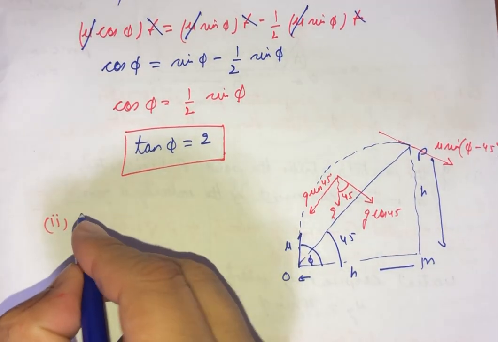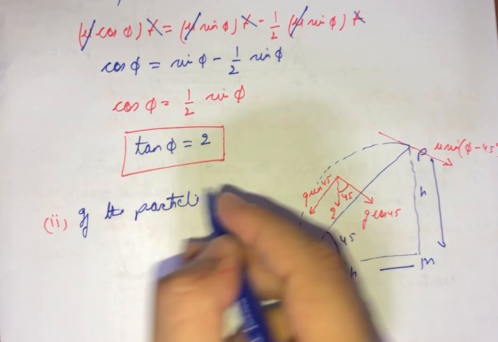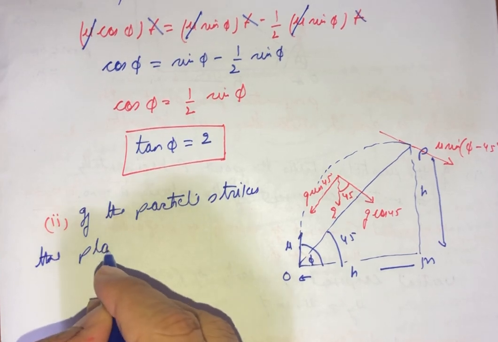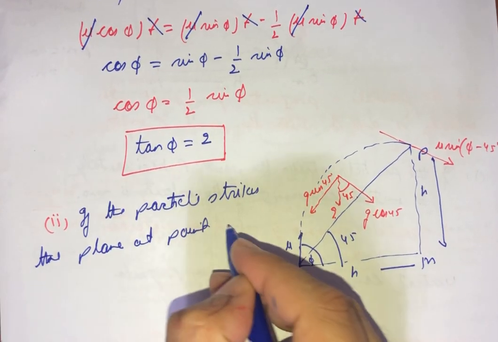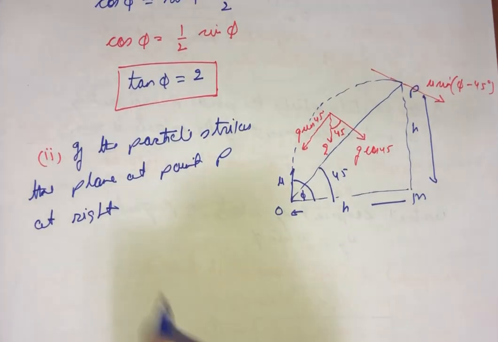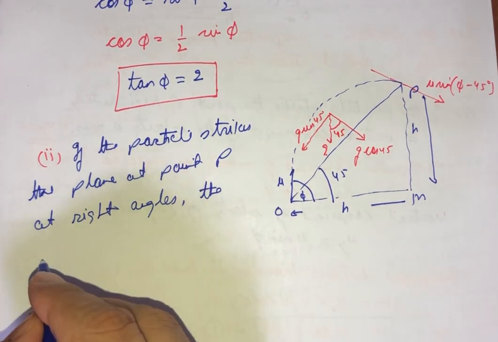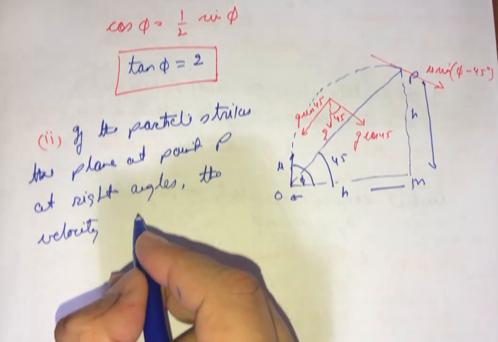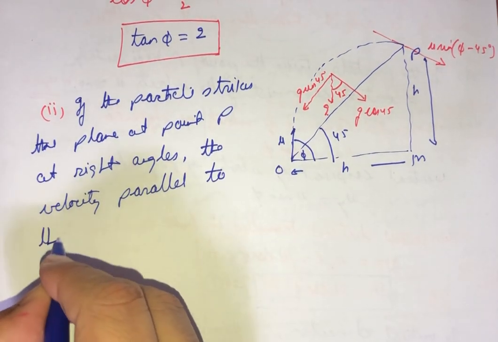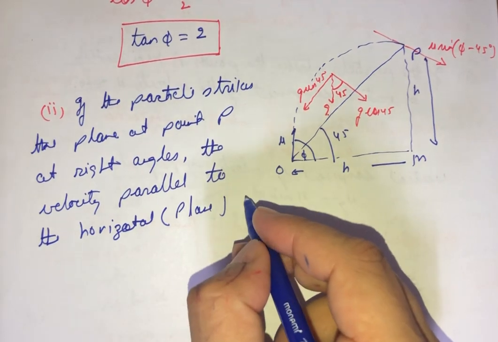So again, if the particle strikes the plane at point P at right angles, the velocity component parallel to the horizontal, which is nothing but also the plane, is 0.